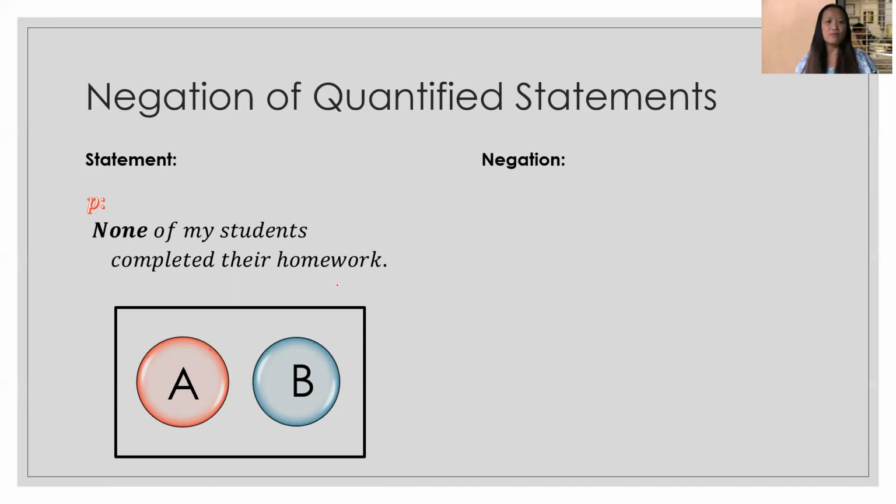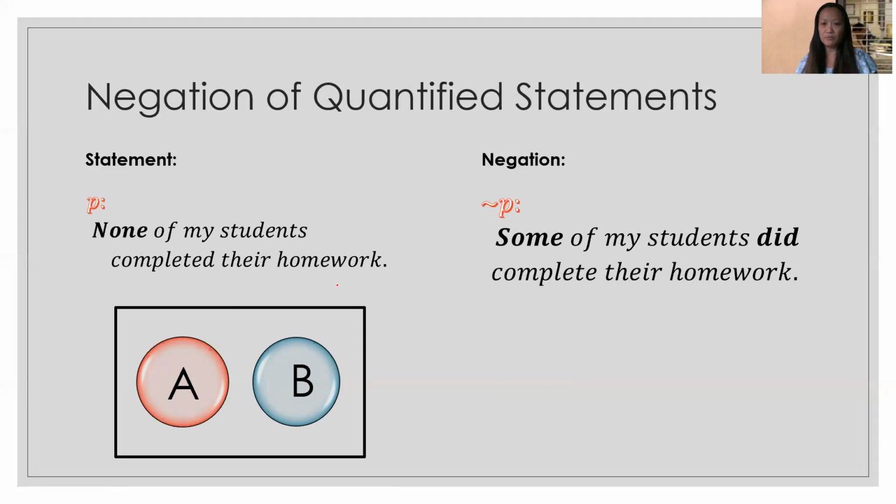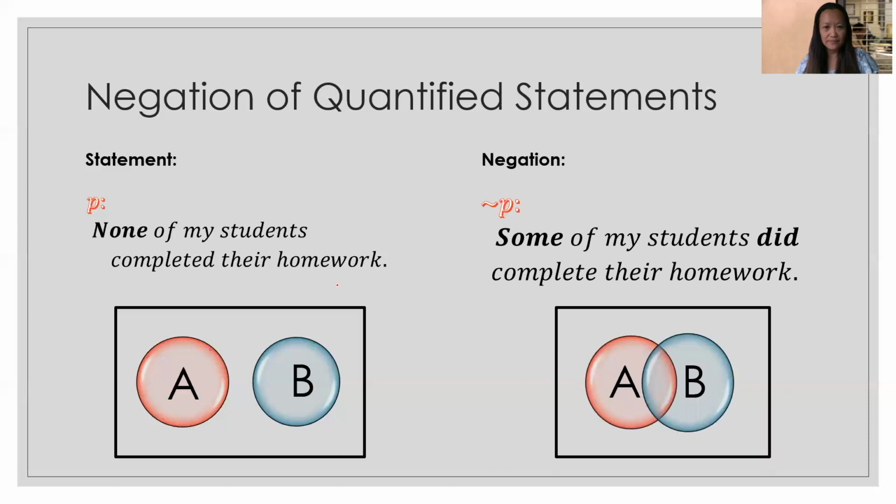Meaning, what will make that statement false? Okay, so what's the negation of none? And yes, you have it. Some of my students did their homework. Okay, so negation of none is some.